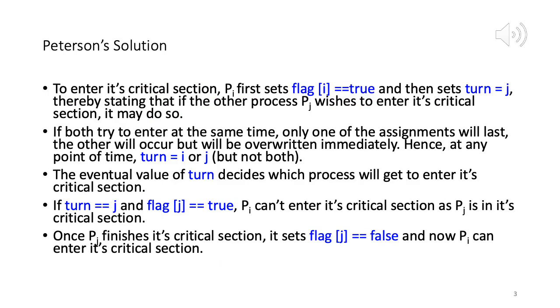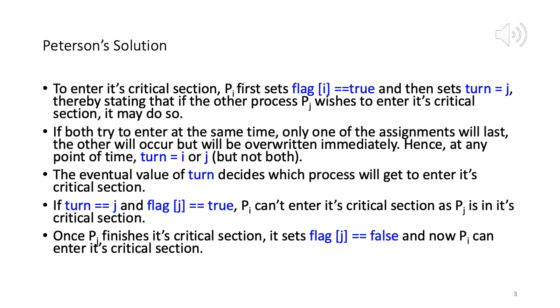Now I am on slide 3, and we talk about the Peterson solution. We just discussed that there are two shared variables, because it's a software solution. Those variables are flag and turn. Flag is a boolean array of size 2, and you can set flag i and flag j as true or false.